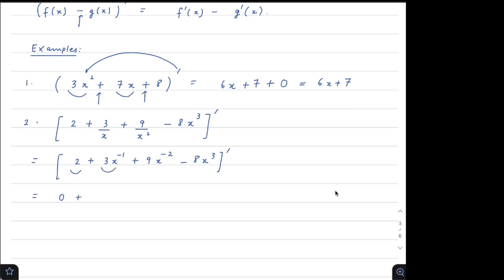Derivative of the second term is given by, and you are done. Would you like to try one more?